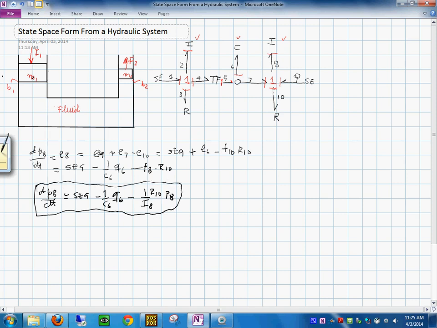The second differential equation that we have is this: dq sub 6 dt is equal to f sub 6, and f sub 6 is f5 minus f sub 7. And then we have f5 is f4 times this module, which is the ratio of this area A1 and A2, like this. Why don't we just put M is A1 over A2.